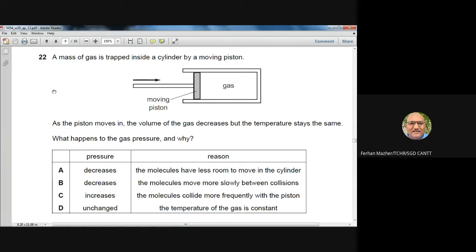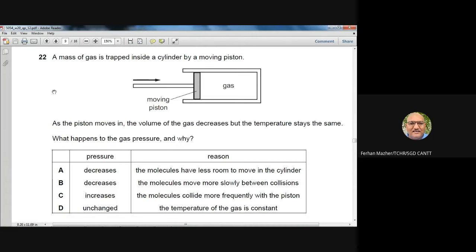Because your piston is moving in, the volume of the gas has decreased, so the pressure will increase. When the piston moves in, the gas pressure will increase. And why? There are many reasons. One of them is that the collision frequency of the molecules with the walls will increase.